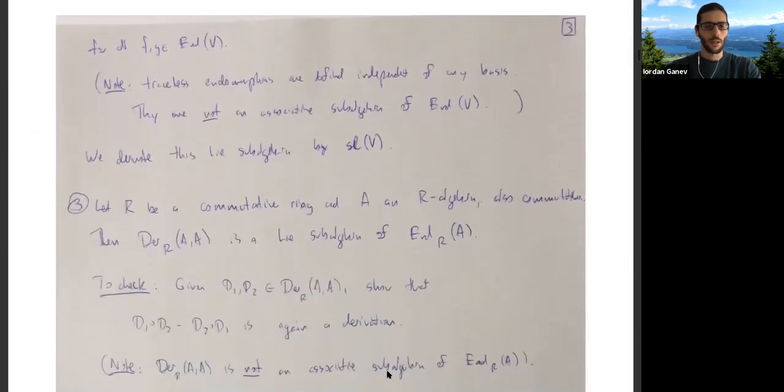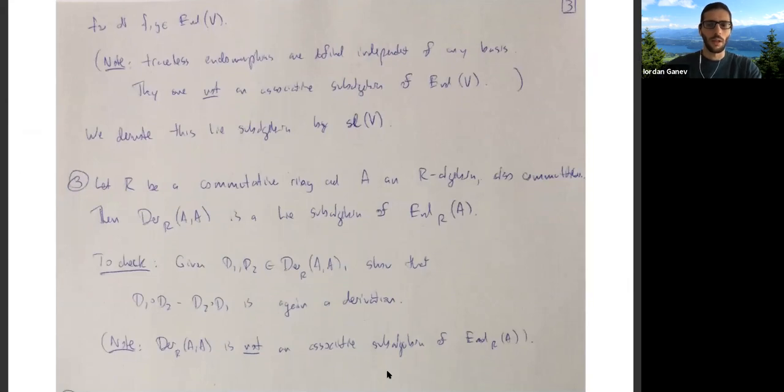Okay, what about a different example? Let's take R to be a commutative ring and A to be an R algebra, also commutative. Maybe A doesn't need to be commutative, but let's just say it's commutative. Then we thought about derivations from A to some A module M. Let's take that A module to be just A itself.